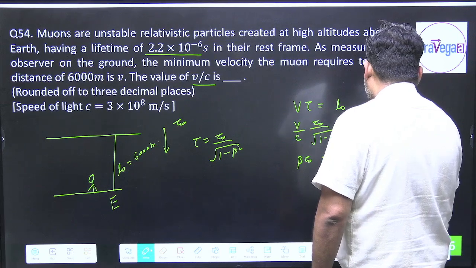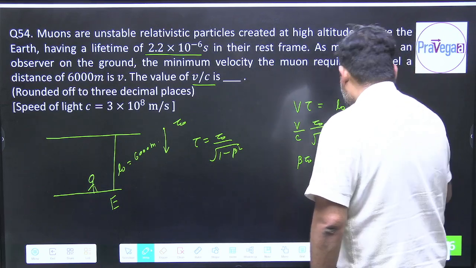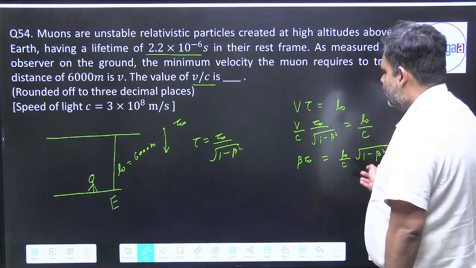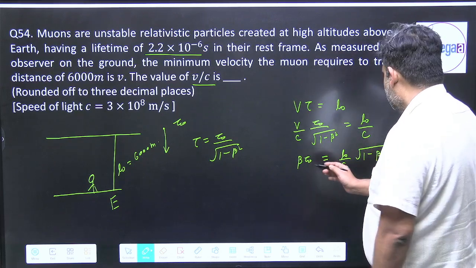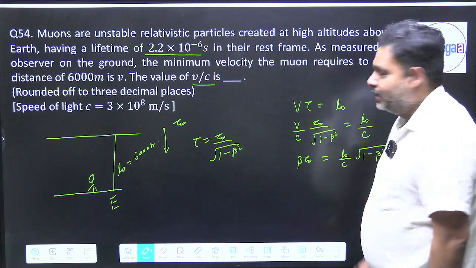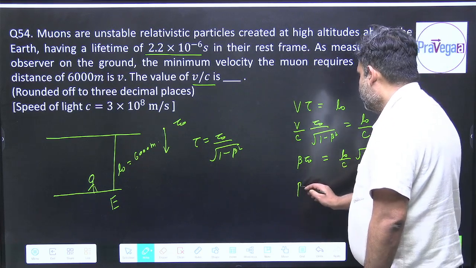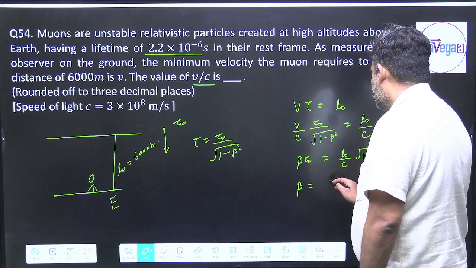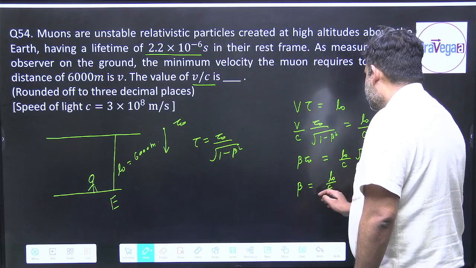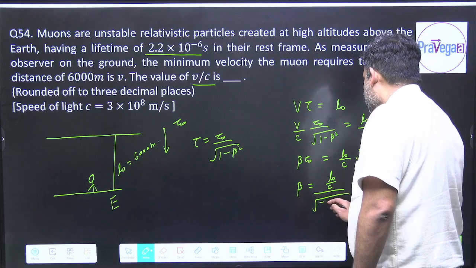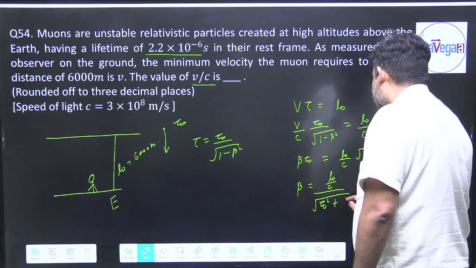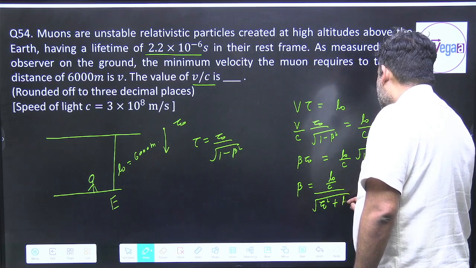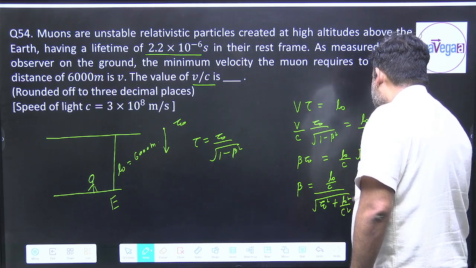Substituting tau, we get beta tau naught divided by root under 1 minus beta square equal to L naught by c. We have to calculate the value of beta, so we will square both sides and separate the value of beta. We will get beta is equal to L naught by c divided by root under tau naught square plus L naught square upon c square.